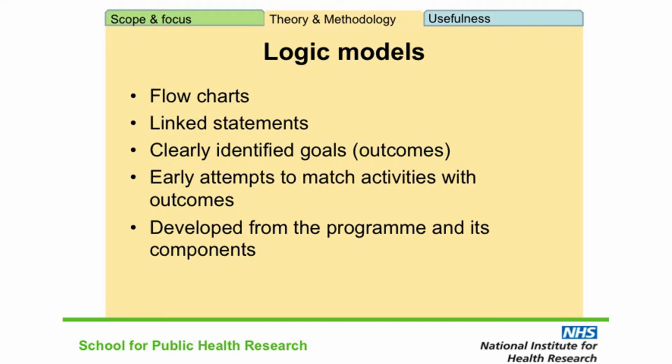They're sometimes flowcharts or sets of linked statements. They start off quite often with clearly defined goals and look at the program activities that are intended to achieve those goals. So they're quite often developed from the activities and intended outcomes, and they're very early attempts to match those activities with the outcomes.